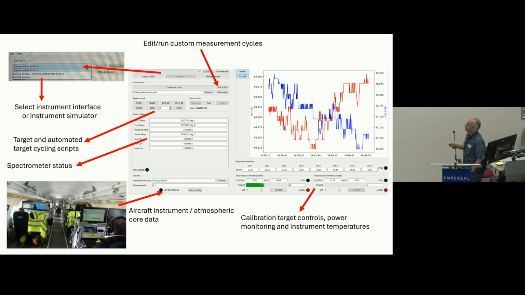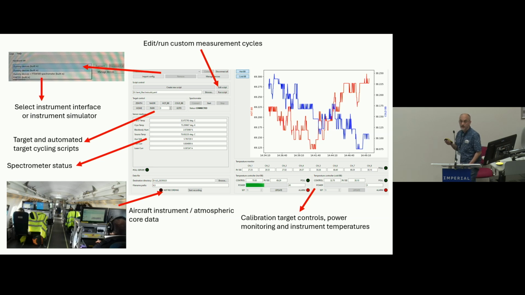We have an interface with the spectrometers, one of which, as I said, is commercial, and one custom built by a commercial company, so that we can interface with those instruments and get their health and status reports, as well as control them from this interface. The system is designed so we can also have instrument simulators as part of it. So it's quite powerful in that respect.